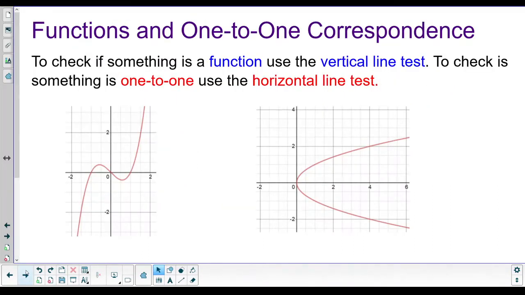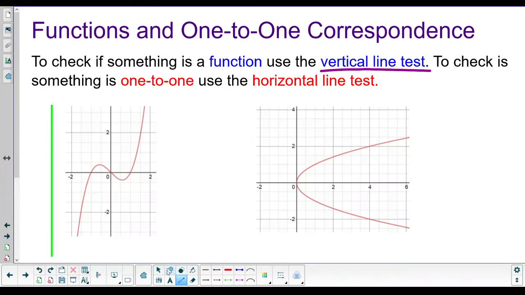Moving right along, we need to talk about what makes something a function and what makes something a one-to-one relationship. We're having a one-to-one correspondence. So to be a function, it has to pass the vertical line test. So vertical line test just says if we take a vertical line, let's see what color we want, bright green. We take our bright green line and we scan the graph.